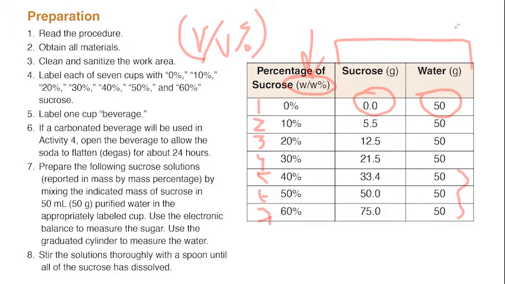You want to use filtered water or bottled water that's been sitting at room temperature for at least a few hours, because if it's cold, it'll be even worse at trying to dissolve. So you may have to pop these in the microwave for 10 seconds at a time. Not too long though, because I think these cups will melt. So you just heat them up a little bit at a time till you get them all dissolved in solution. Okay.